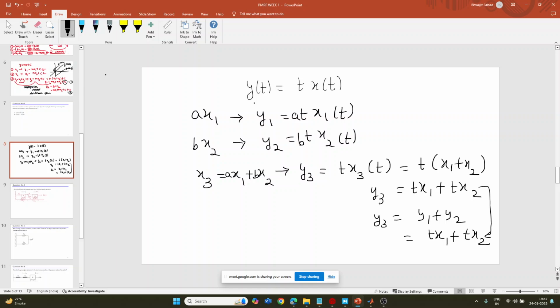Now you have to get t into x3 of t. x3 is nothing but a x1 plus b x2. So here a is coming, here b is coming. Now the addition is the same as a and b. So now you can see both the equations are the same. As both the equations are the same, the system is linear.